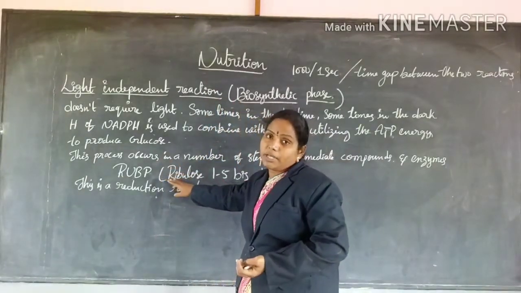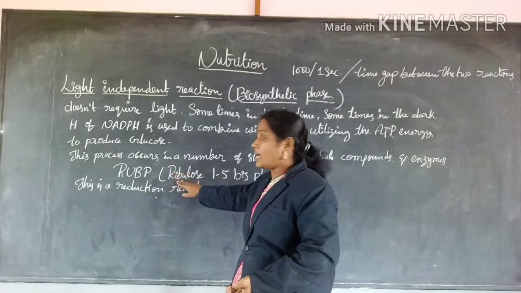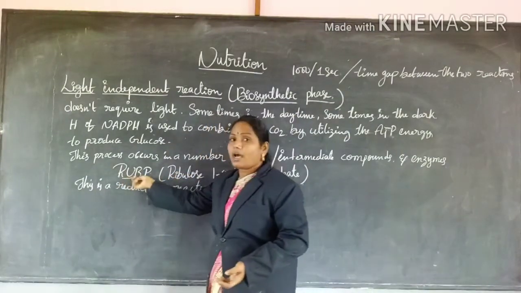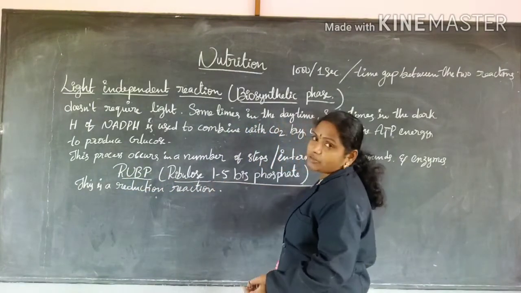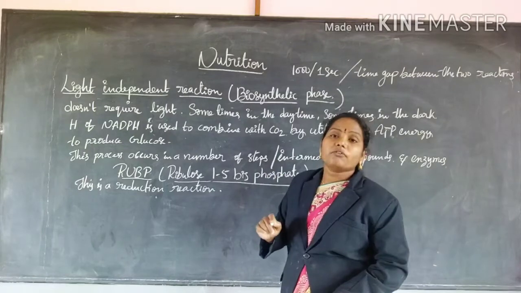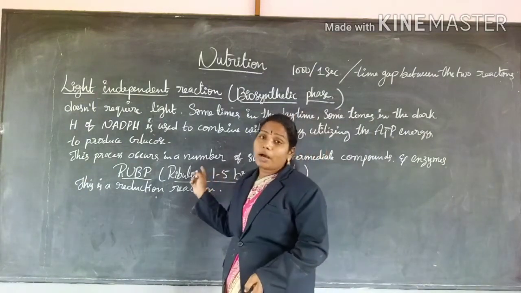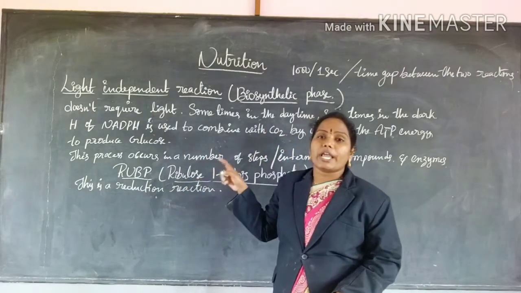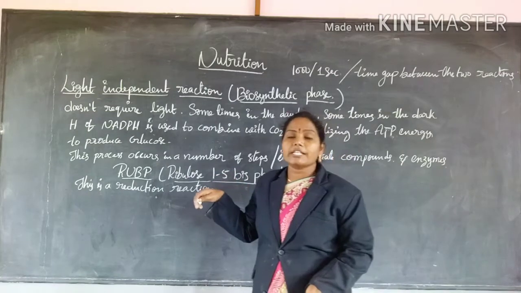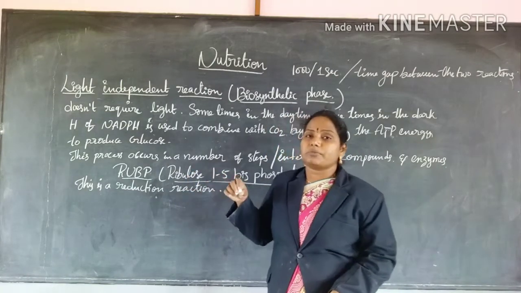What is the intermediate compound in the dark reaction or light independent reaction? That is nothing but RUBP, ribulose 1,5-bisphosphate. This we have to remember. So the intermediate compound of light independent reaction is RUBP, ribulose 1,5-bisphosphate.